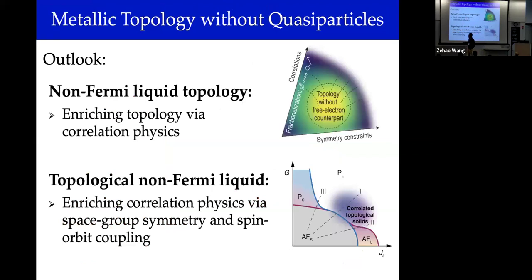So, coming back to the theme I started this part with, non-Fermi liquid topology: we're using the strange metallic state, the breakdown of Fermi liquid description, as the vehicle to realize topological states, gapless topological states that are not adiabatically connected to the non-interacting case. But the flip side, which was very much part of our motivation getting into this topic, is that topology is enriching correlation physics.